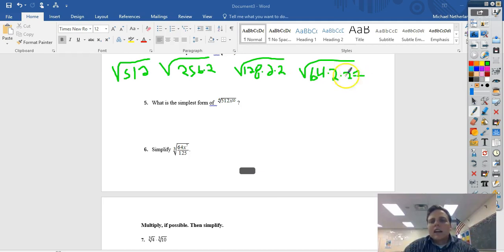Okay. And I know 64 is the same thing as 32 times 2, and I can't forget about these 3 2's. So 1, 2, 3. And then I'm going to break up 32 into being 16 times 2. And then I can't forget about these 5 2's.